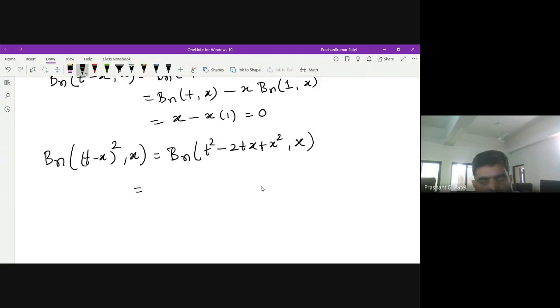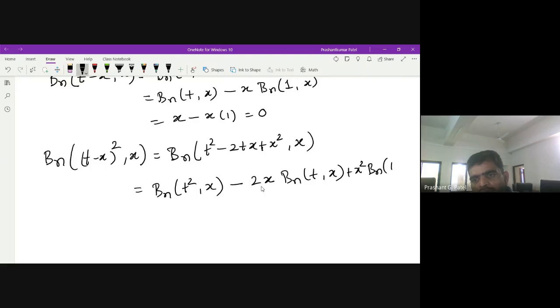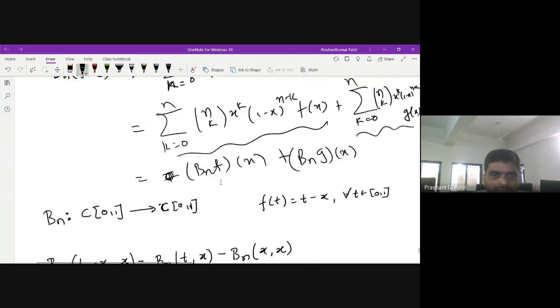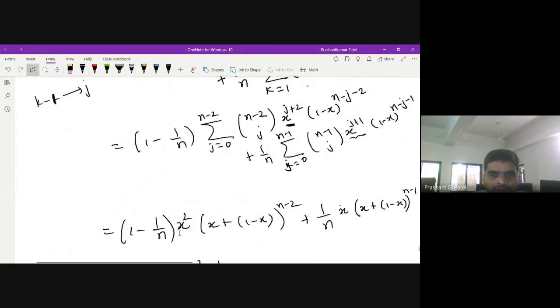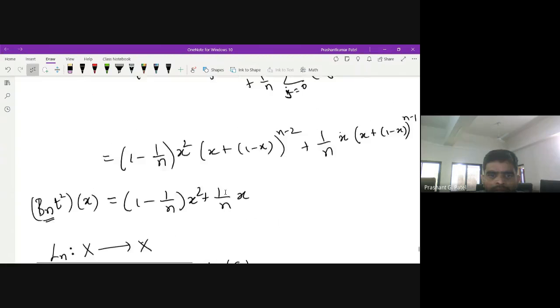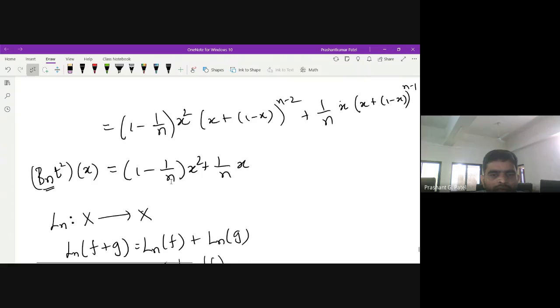Then using that linear operator property, we can write Bn of t square at x minus 2x, since x is a constant with respect to t, Bn of t at x, plus x square Bn of 1 at x. Bn of t square, the second moment which we have calculated, is 1 minus 1 by n x square plus 1 by n x.